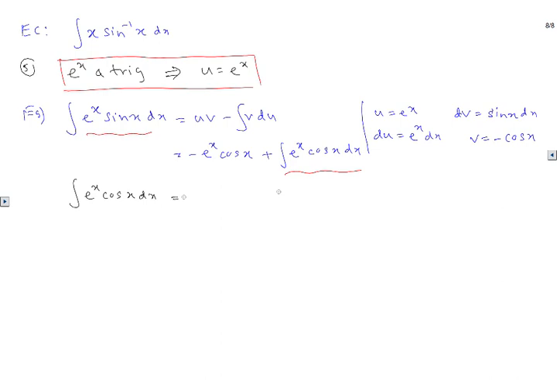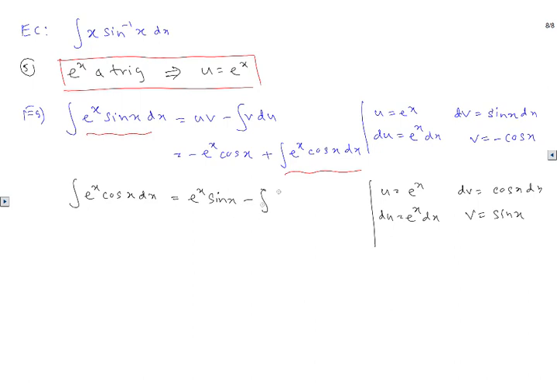So again, now what we can do? u equal e^x again, dv equal now cosine x dx. So that means if you take the derivative, you get du equal e^x dx, v equal, the integral of cosine is sine x. So let's plug in. So uv, that means e^x sine x, and then minus integral of v du.